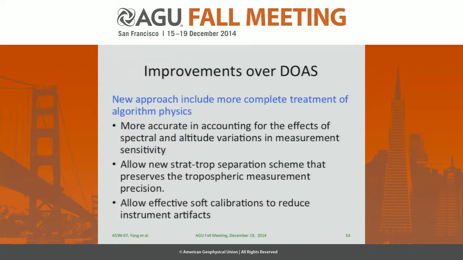That allows us to preserve the tropospheric measurement precision, whereas the traditional method that separates the strat and trop puts all the noise into the tropospheric column. And we also have an effective soft calibration scheme, which adjusts the radiance to reduce the instrument artifact. All this will help us achieve a better product.